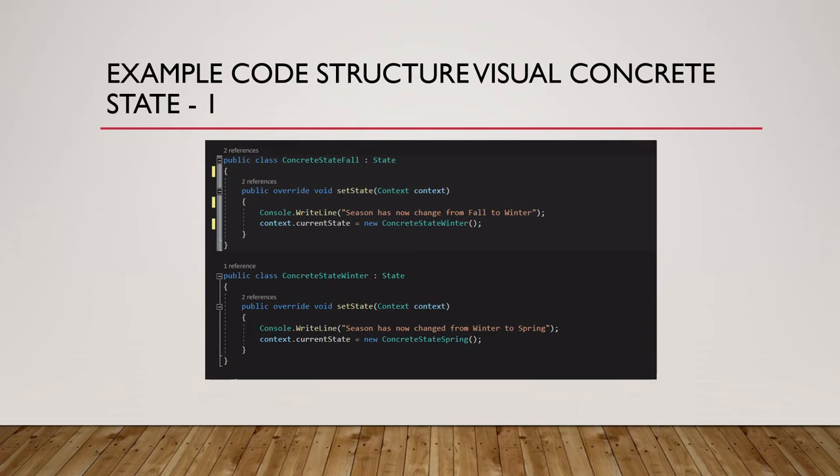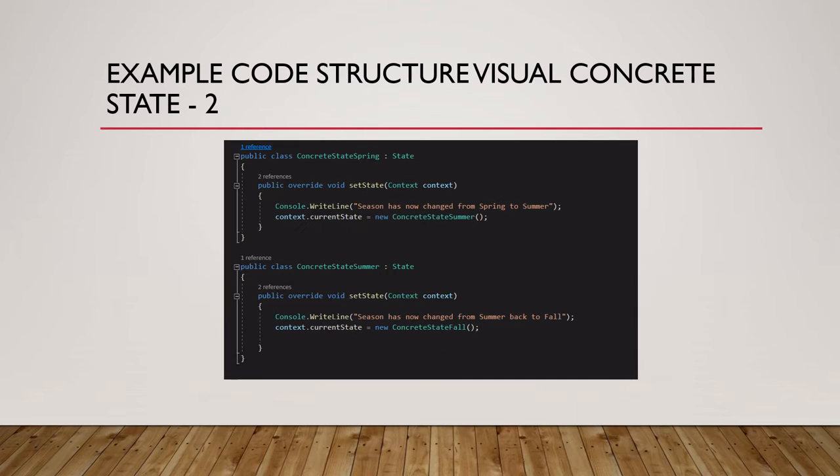With the concrete state fall, as you can see where it has its behavior, the season has now changed from fall to winter, and then we're setting the current state to the next season, and we're doing that for all 4 of the seasons in this case. So these are the other 2 concrete states, and as you can see, it's very similar. Each are implementing their own specific behavior.